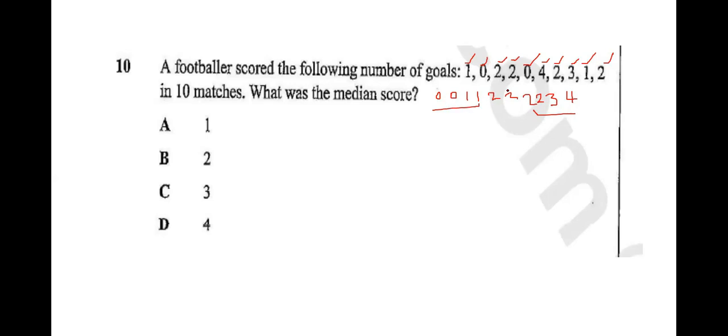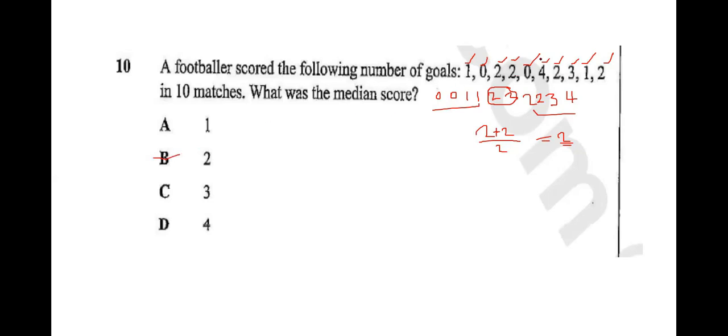But since the numbers in between are two of them, to find the median we're simply going to say 2 plus 2, divided by 2. And this will simply be 2, because 2 plus 2 is 4, and 4 divided by 2 is 2. So the median here is 2.